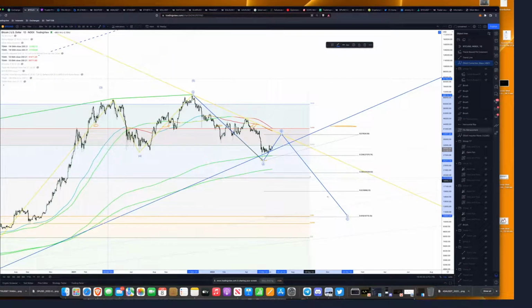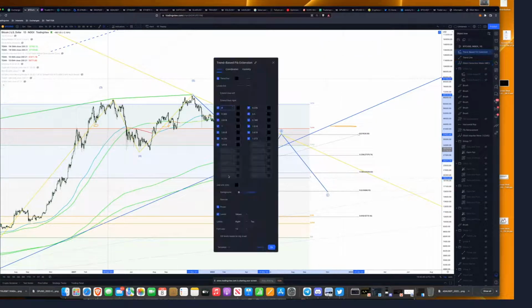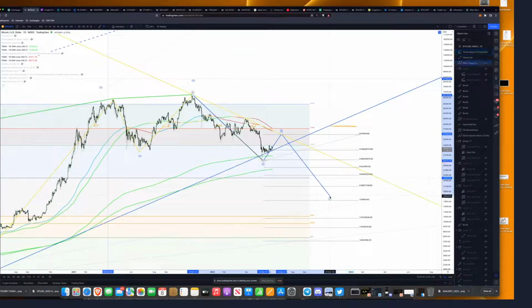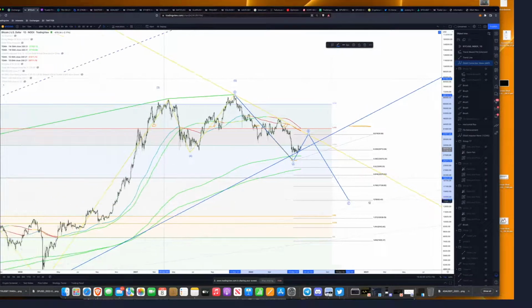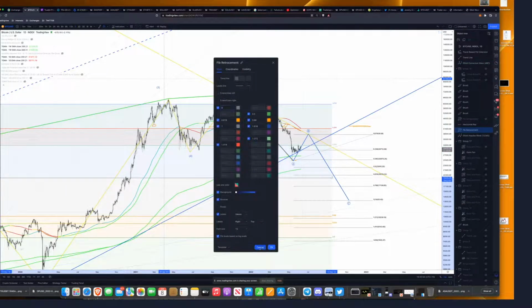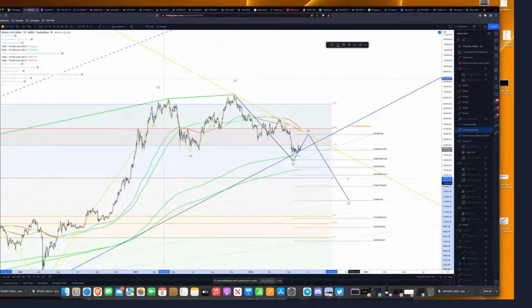Some people say that. That's the worst case scenario. Now, I would say using this Fibonacci, the 1 is a good target. Remember I said 15K, 13K is also a good target, and that's the second worst case scenario.